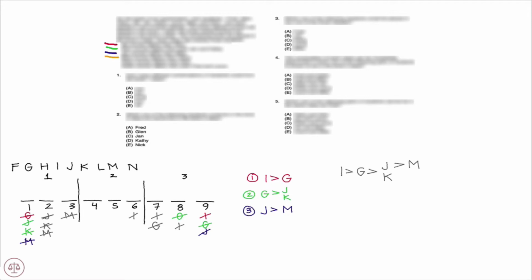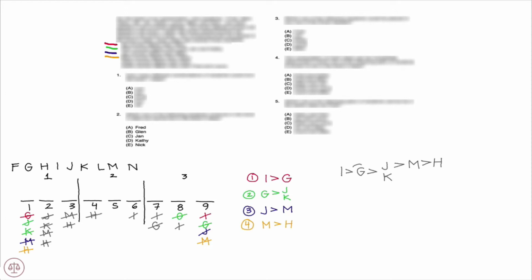M scores higher than H. Okay, so that means that H can't be first and M cannot be last. Now we can connect this to our large chain. M is before H. So as you can see, we have 1, 2, 3, 4 people that have to score higher than H, meaning H cannot be first, second, third, or fourth.